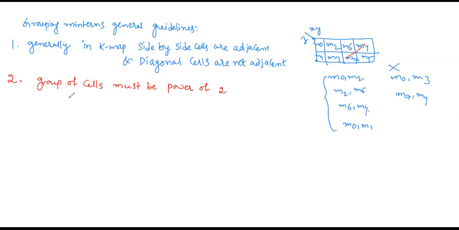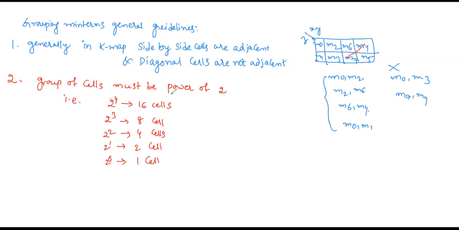That is 2 to the power of 4, 16 cells. You can combine 16 cells to form a group. Similarly, 2 to the power of 3, 8 cells you can form as a group. 2 squared, 2 to the power of 1, 2 to the power of 0. 2 to the power of 0 means single cell. 2 cells, 4 cells.